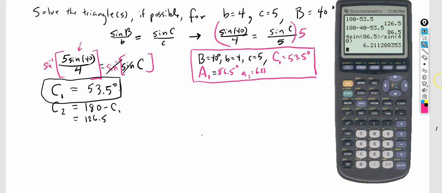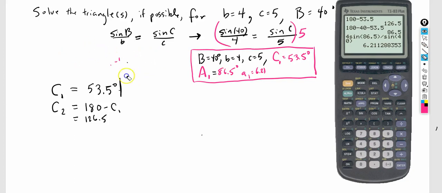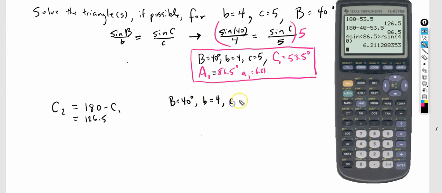Okay, so now I'm going to solve the second triangle, if there is one. Okay, so for my second triangle, I still have that B is 40 degrees. Its associated side is 4, and the side c is equal to 5. But now I have that there's a second possibility for C, and that's 126.5. Okay.